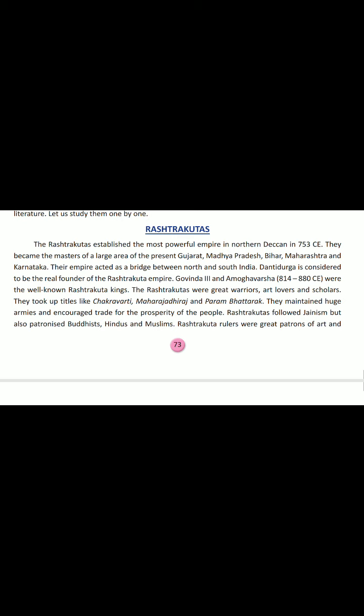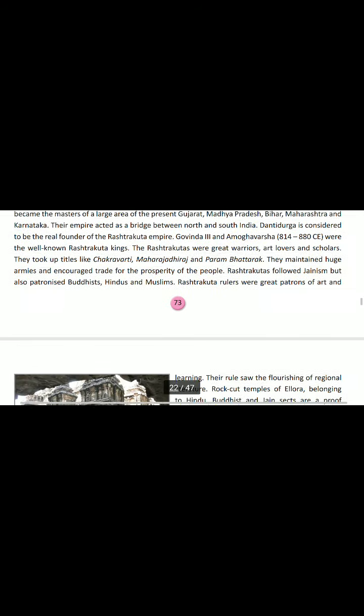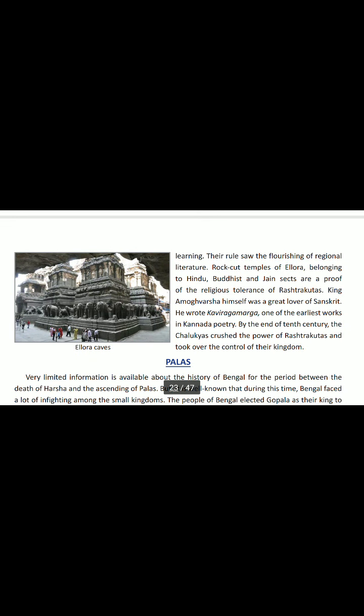Rashtrakutas followed Jainism but also patronized Buddhists, Hindus, Muslims. Rashtrakuta rulers were great patrons of art and learning. Their rule saw the flourishing of regional literature.